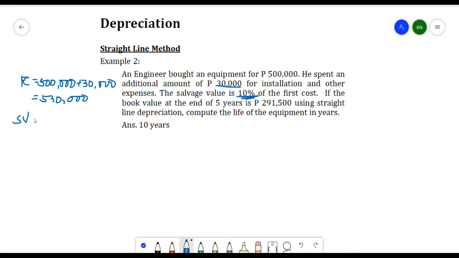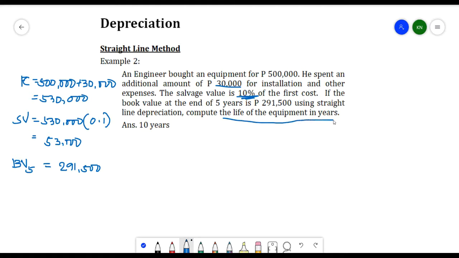So 530,000 multiplied by 0.1 or the 10% is just equivalent to 53,000. So our salvage value is 53,000. And the book value at the end of 5 years, so our BV at 5 is equivalent to 291,500. Now, we need to determine what is the life of the equipment, in years. So basically, we are looking for our L here.